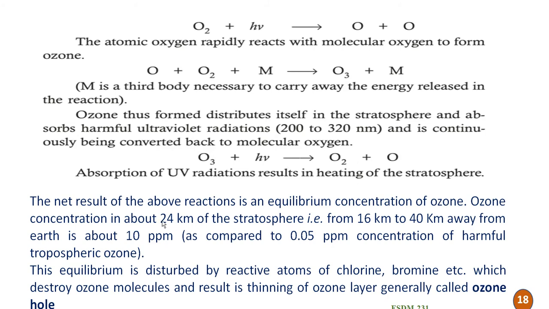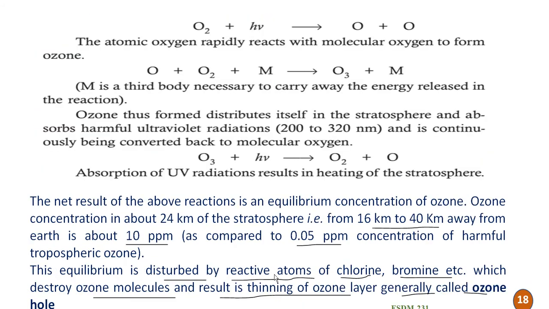The ozone concentration at about 24 kilometers in the stratosphere, that is from 16 to 40 kilometers away from the earth, is about 10 ppm as compared to the 0.05 ppm concentration of harmful tropospheric ozone. This equilibrium is disturbed by the reactive atoms of chlorine, bromine, etc., which destroy the ozone molecules and result in thinning of the ozone layer, generally called an ozone hole.